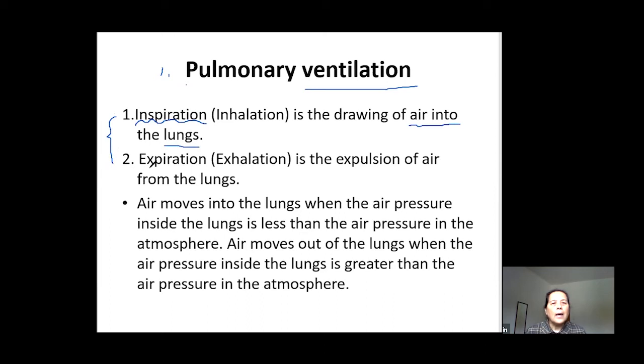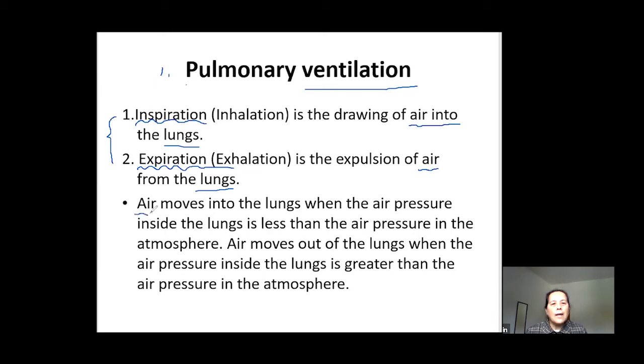The second part is exhale, or expiration, which basically relieves the air from the lung. So that's the air moving in and going out.